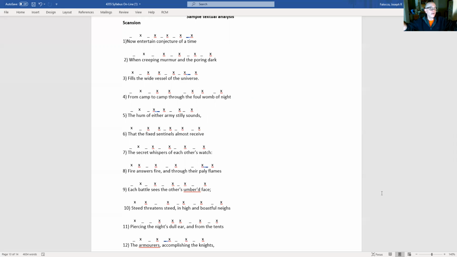Fire answers fire, and through their paly flames each battle sees the other's umbered face. Steed threatens steed in high and boastful nays, piercing the night's dull ear, and from the tents the armorers, accomplishing the knights, with busy hammers closing rivets up, give dreadful note of preparation.